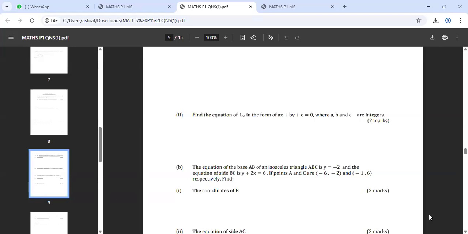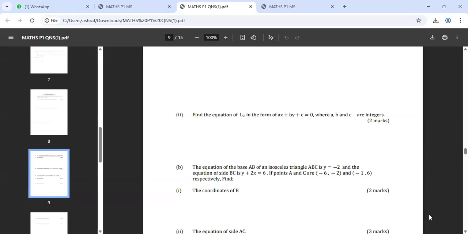Double intercept form, what do we do? Anyone with an idea? Suppose you were to leave our answer in double intercept form, what would we do? Yes, APPS, you can unmute yourself.